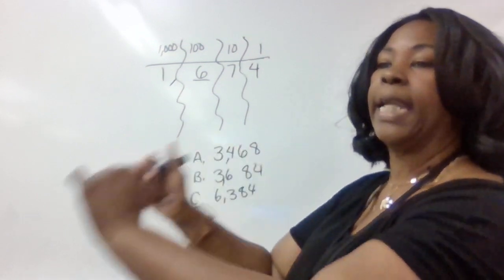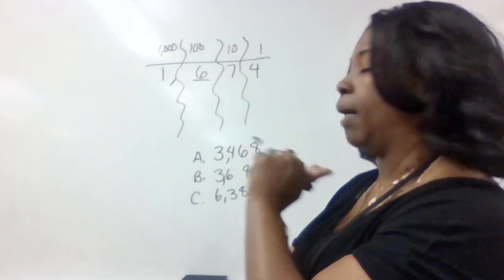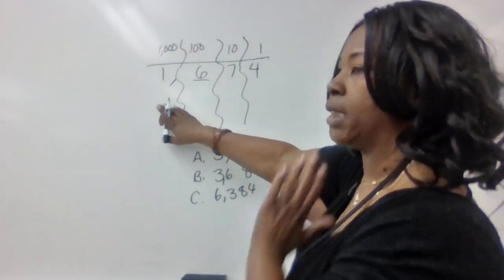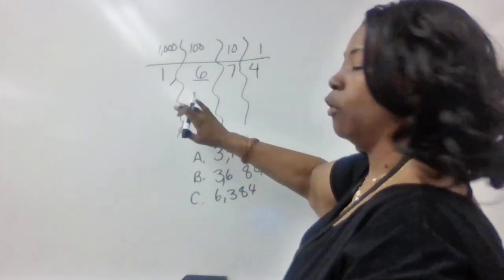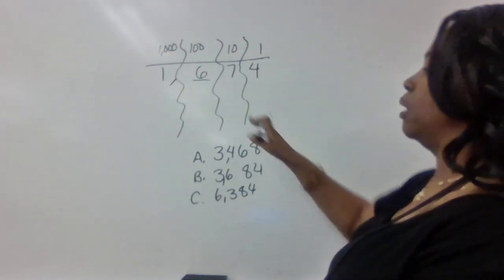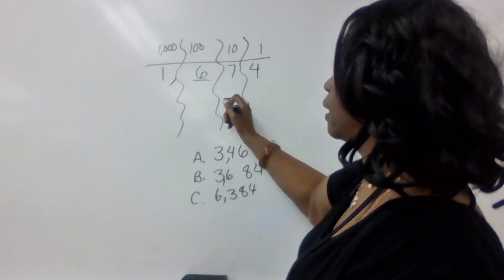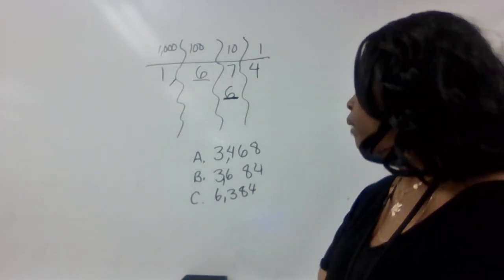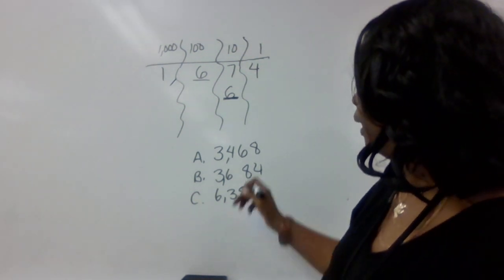So that means I'm going backwards on my place value chart. So instead of going to the thousands, which would be 10 times more, I want to do 10 times less than 100, so I'm going back to the tens place. So I'm looking for a 6 that will be in the tens place. Okay? So can it be this one?